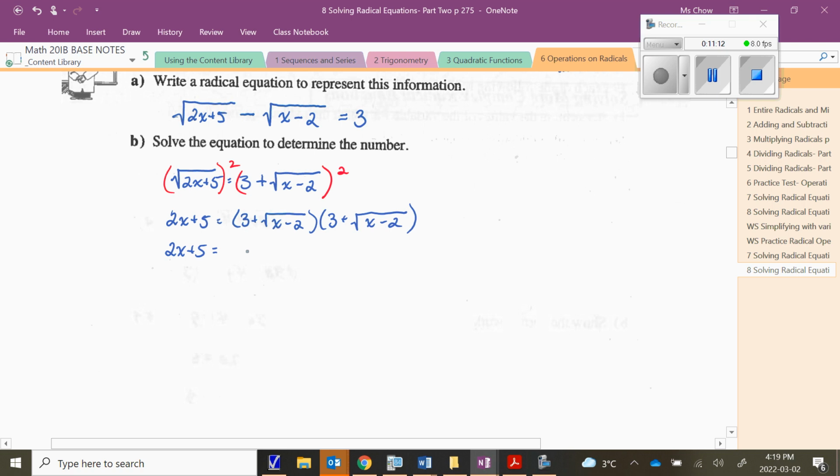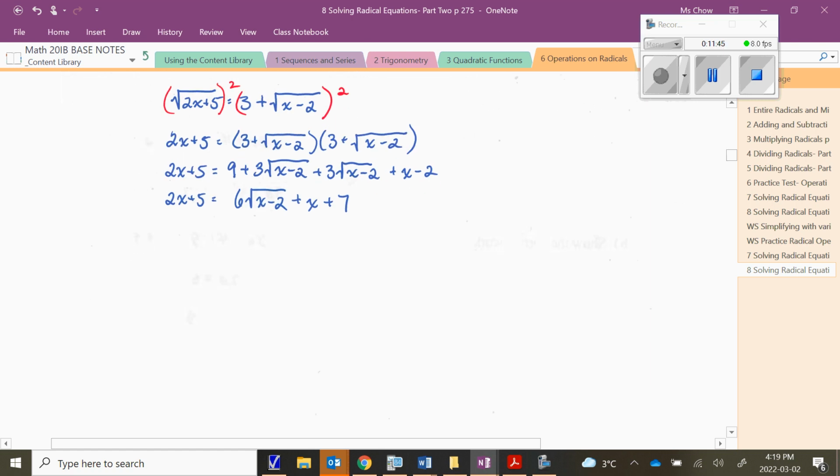And we would have 3 times 3 is 9, and then that is plus 3 root x minus 2, and again plus 3 root x minus 2, and then root x minus 2 times root x minus 2 is going to be simply x minus 2. So we'll clean that up, and we've got 6 root x minus 2 plus x and plus 7.